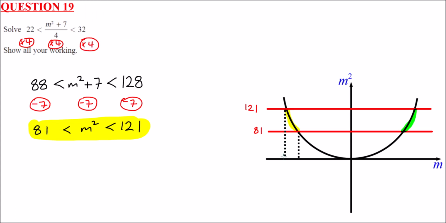So I need to work out that one, equally this one, and that one too. So this bit here, between these two, relates to m being between these two values, or m being between these two values.